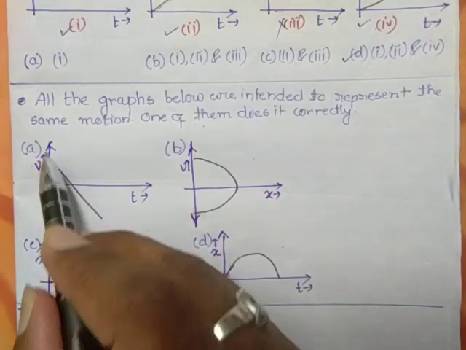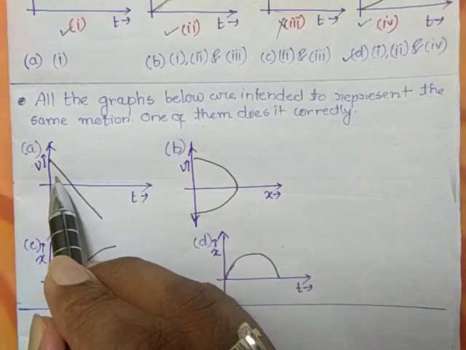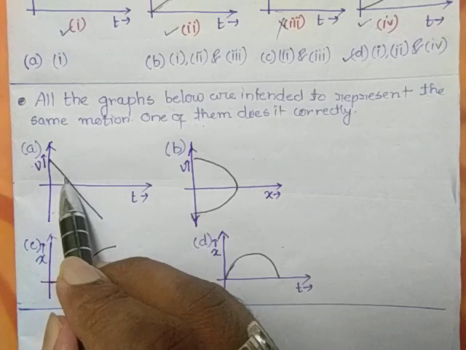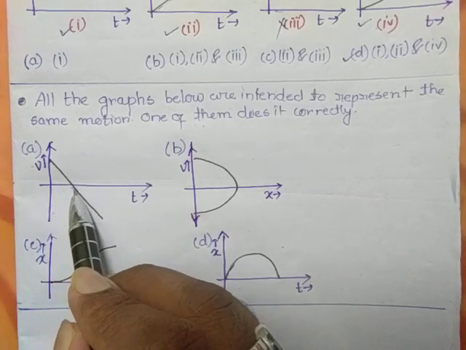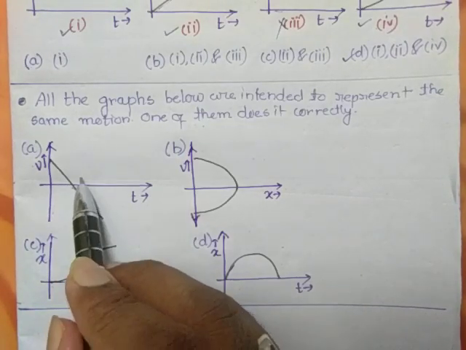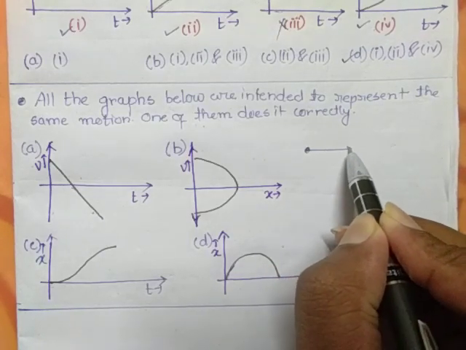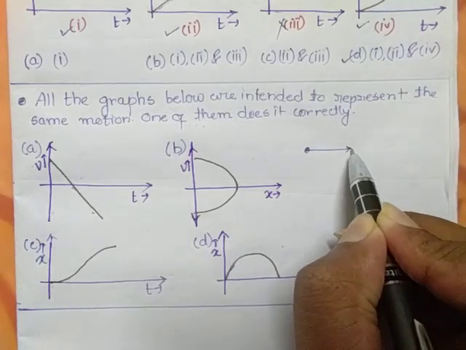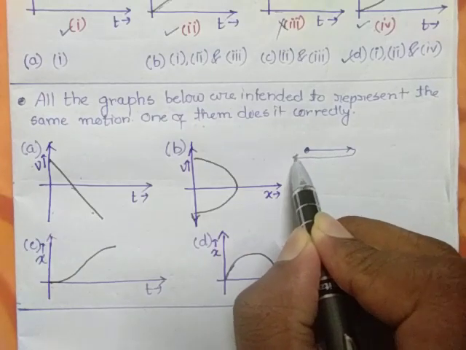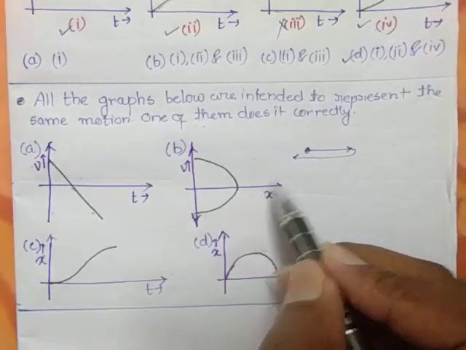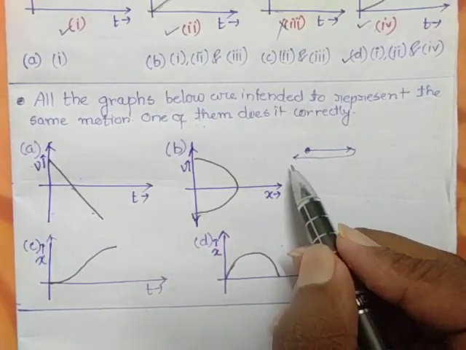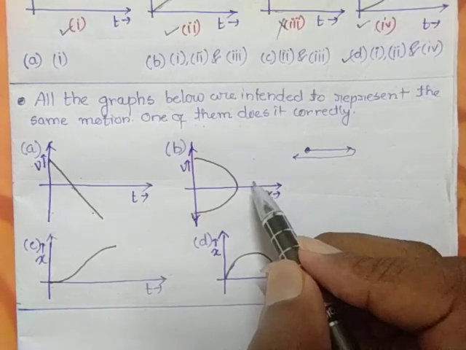So just see here, option A, the velocity is decreasing, it becomes 0 and then it becomes negative. So option A is talking about a particle moving in one direction, then it ceases and returns back with a greater velocity. So obviously it is representing a motion.